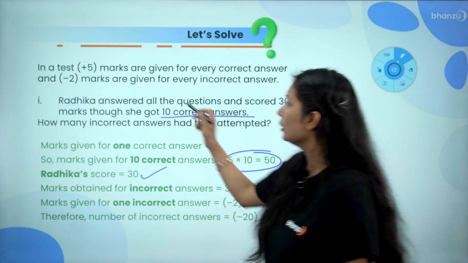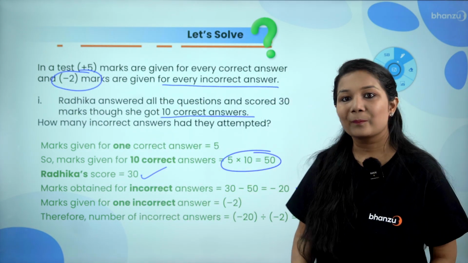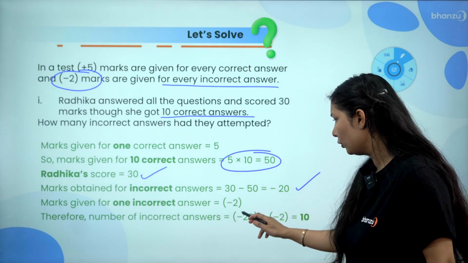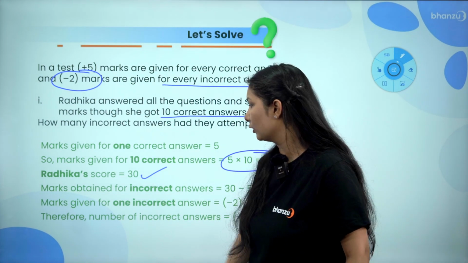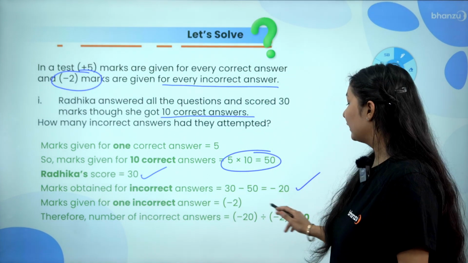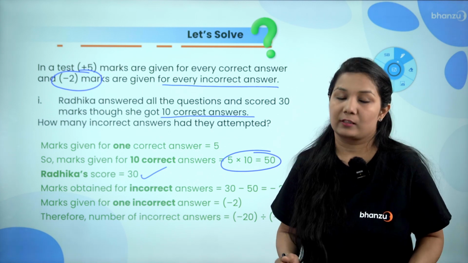Why are we doing subtraction? Because you get negative marks for every incorrect answer, right? So marks given for one incorrect answer would be minus 2, which is already given to us in the question. So therefore number of incorrect answers is minus 20 divided by minus 2. So that means she did 10 wrong answers.